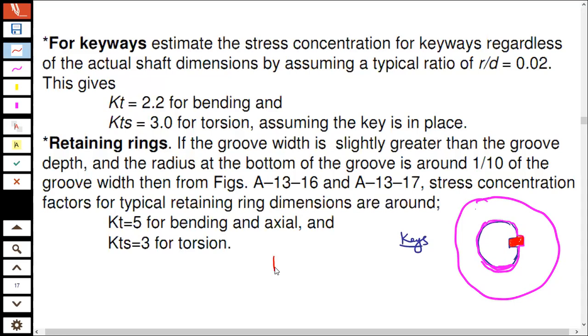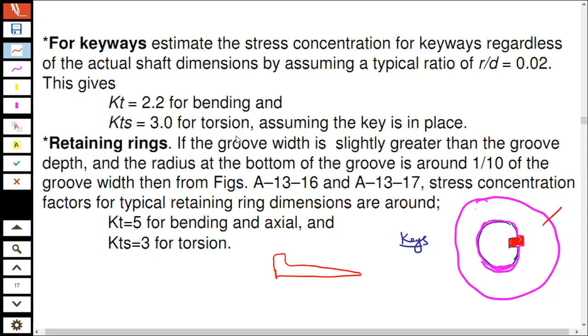Let me just draw one type of key over here. You might have seen this, that you insert this along the shaft. So it goes in here and secures this pulley on the shaft, and it basically transfers your torque.